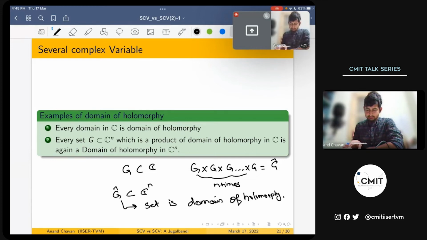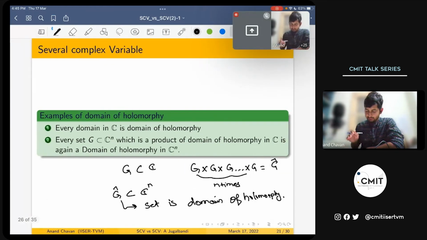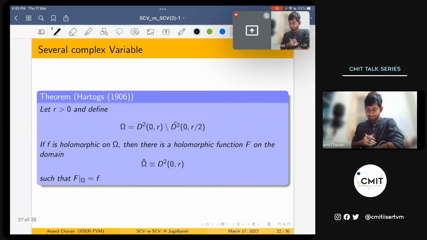Now, let's see, is there a set which is not a domain of holomorphy? This is the startling discovery made by Hartogs, and due to this discovery, people were looking at several complex variables in a different way.